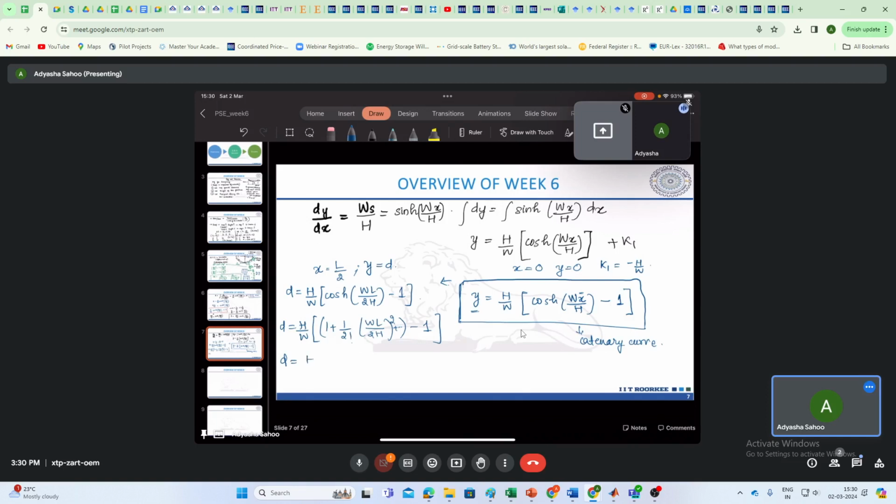So I'll be getting h by w, 1 will cancel out, so w square L square by 8h square, or your D is w L square by 8h, right? That is your expression for sag.